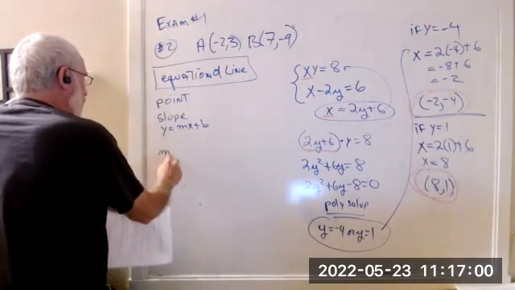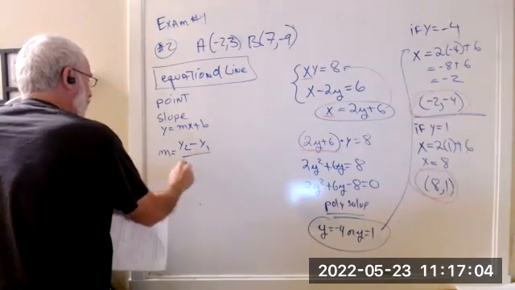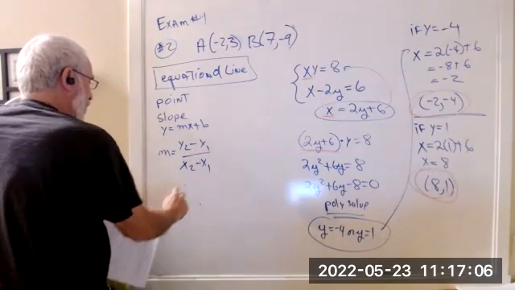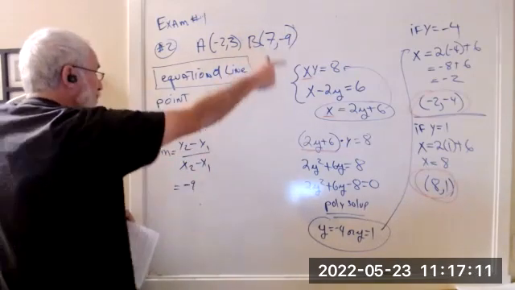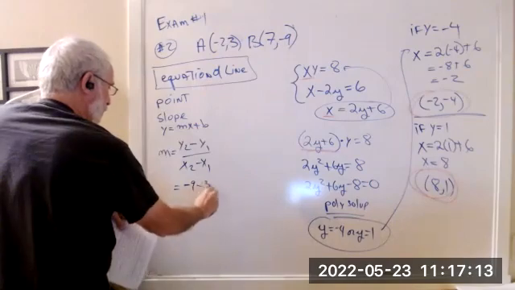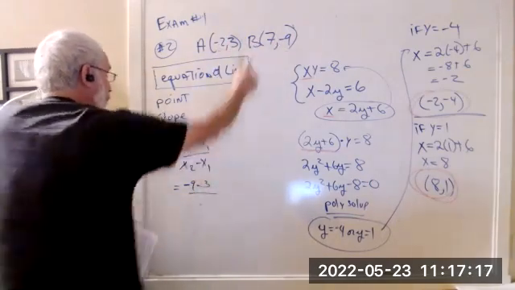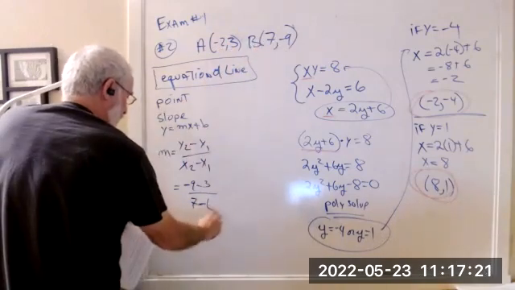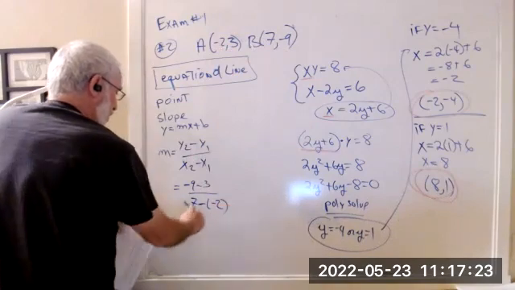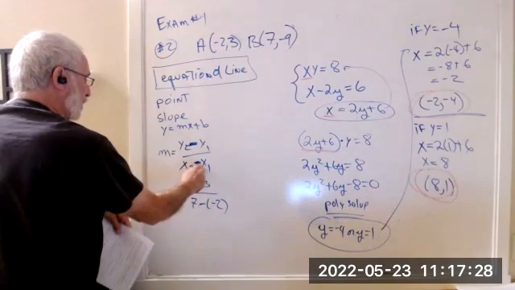So the slope is y sub 2 minus y sub 1 over x sub 2 minus x sub 1, which is -9 minus 3 over 7 minus -2. Okay, notice the formula has a minus sign built into it.